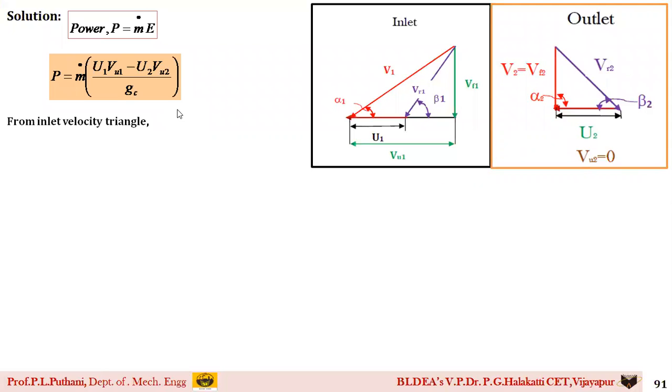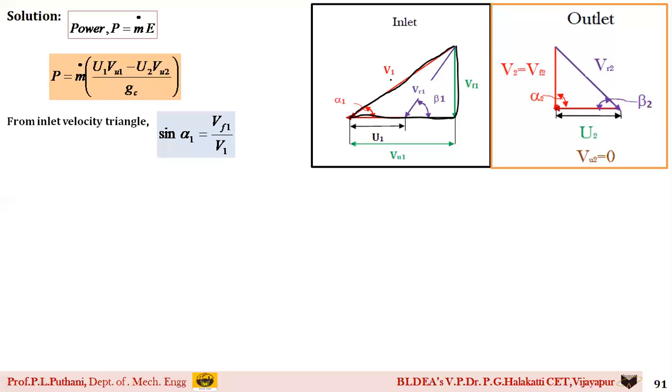From the inlet velocity triangle, we need to find out the values of the terms, that is VU1. Alpha 1 is given to us. Then we can take the help of the trigonometric functions, sin alpha 1. So if I use this particular inlet velocity triangle, which you can see I am shading with the black color, then sin alpha 1 is equal to VF1 by V1.